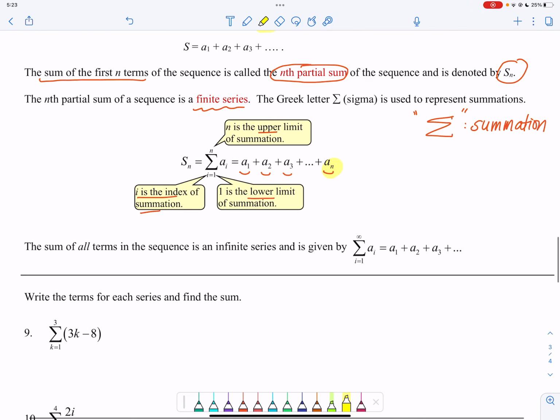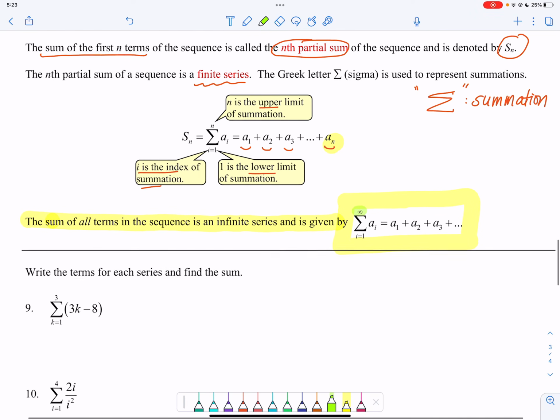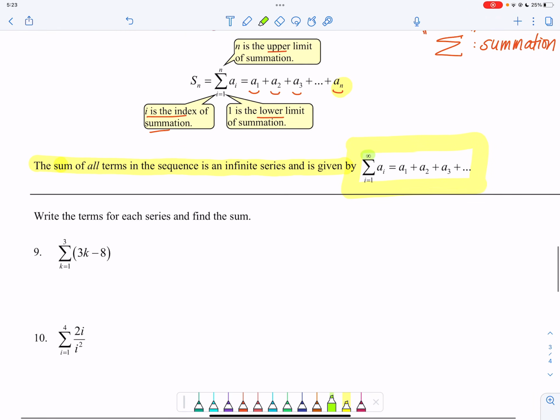The sum of all terms in the sequence is an infinite series, and that infinite series is given by this expression, and you can see the infinity there at the top of the sigma notation. So let's see what we have. I think it's easier to use it than to define it.